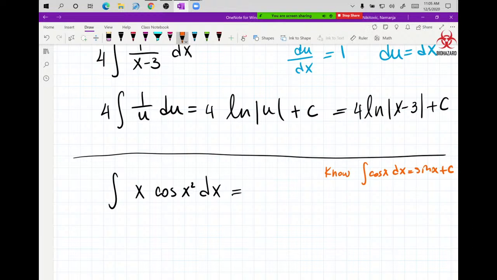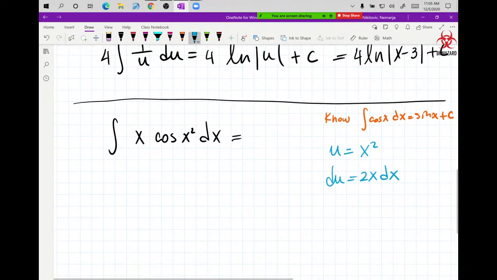Again, you're flexing with your 4.9 knowledge. And then because I know cosine x, but I have x squared, you could make the argument of u equals x squared, du equals 2x dx, right? And go from there. There is a better way, which I'm going to present also.